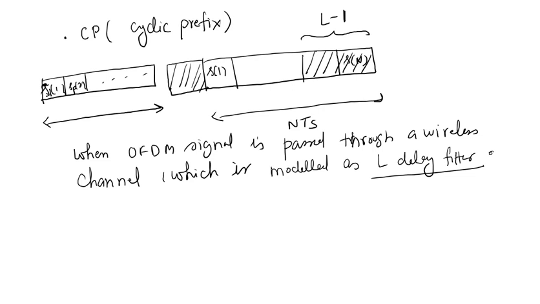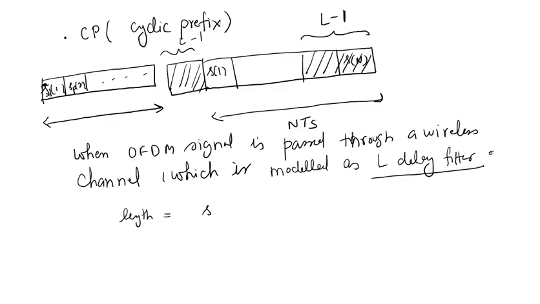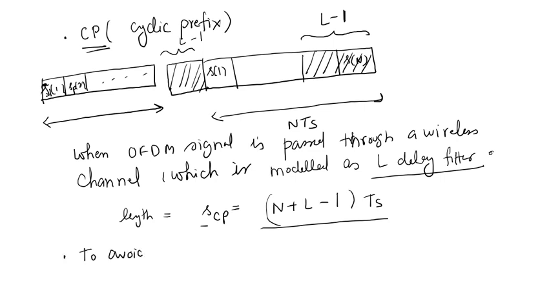Therefore, the length of your new OFDM symbol, which you can call S with cyclic prefix, is N plus L minus 1, and the duration is N plus L minus 1 times Ts. That is the duration of the OFDM signal with cyclic prefix, and it is done to avoid inter-OFDM-symbol interference.